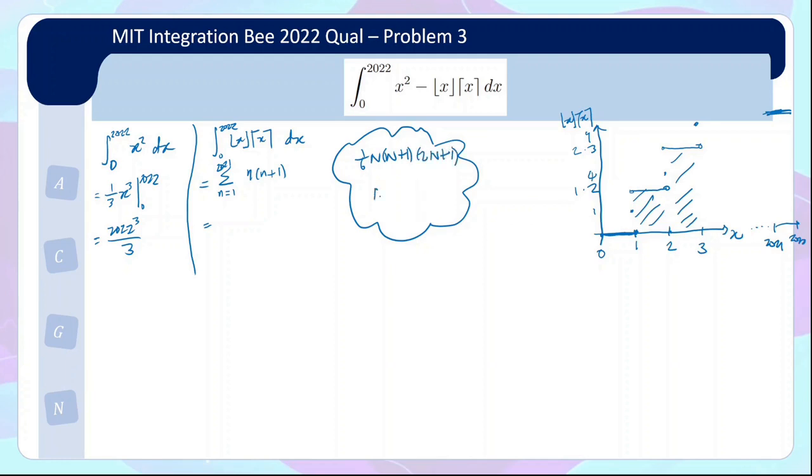And if you sum just linear terms, it is N times N plus 1 over 2. So with this, the sum here is 1/6 times 2021 times 2022 times 4043, plus the sum of linear terms, which is half of 2021 times 2022.